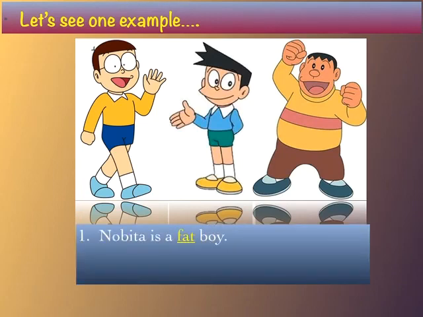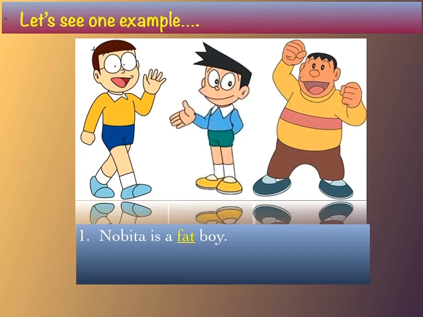So here the word fat is an adjective because it is describing the noun boy. But we can see that there is no comparison. Nobita is not compared to anyone else, and so the word fat is said to be the positive degree of adjective.